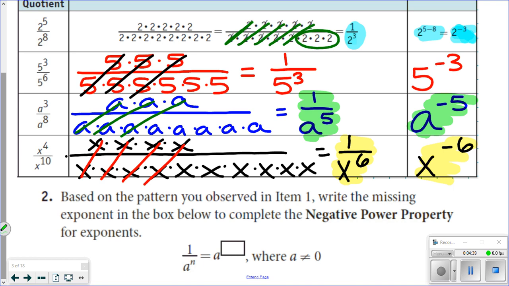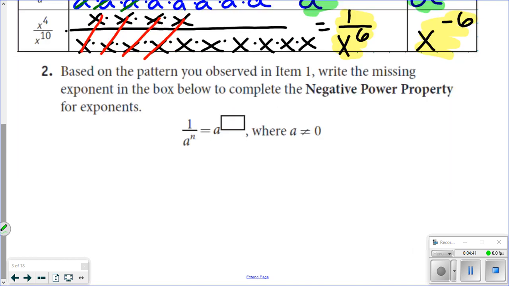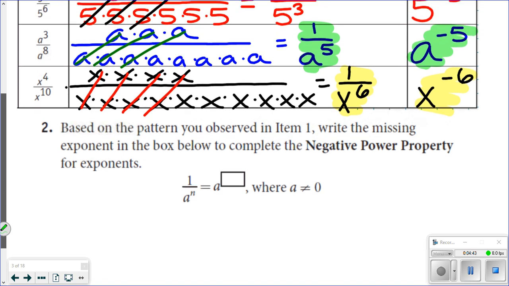If I have 1 over a to the n, and I pull that out and it equals a to the something. So look, I have 1 over a to the 5th power, and that equals, what does that equal? A to the negative 5th power? So 1 over x to the 6th equals x to the negative 6th power. So this needs to be a negative n.